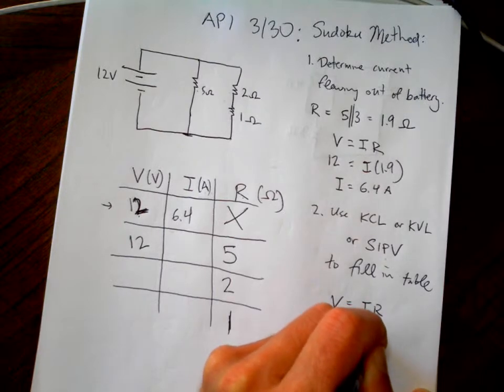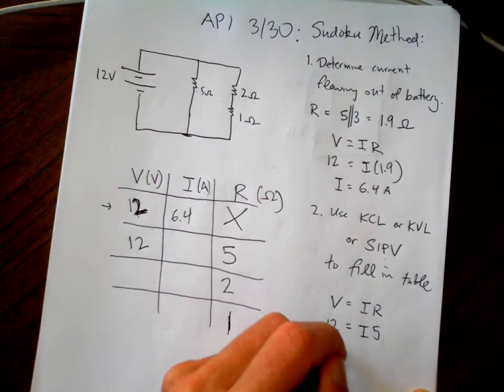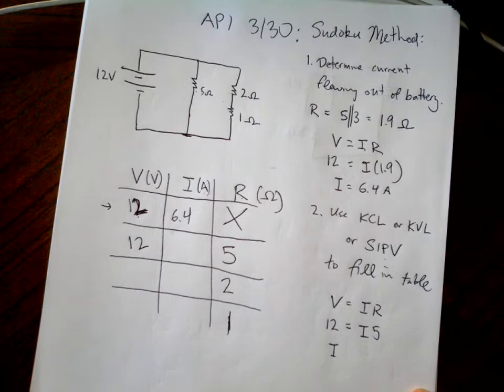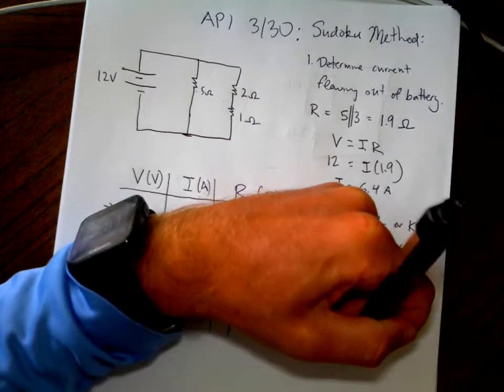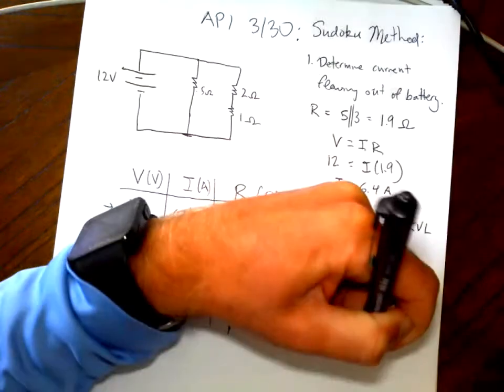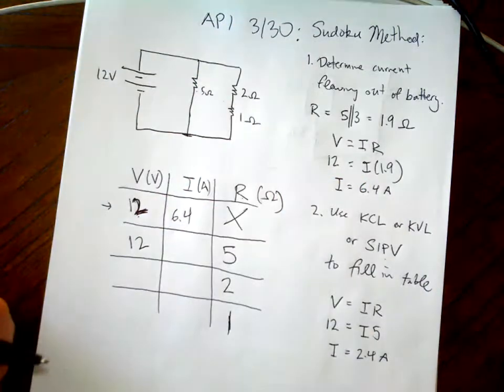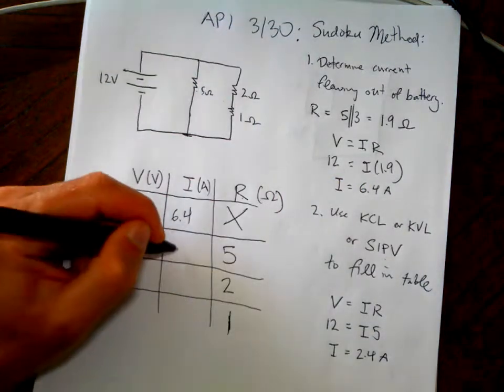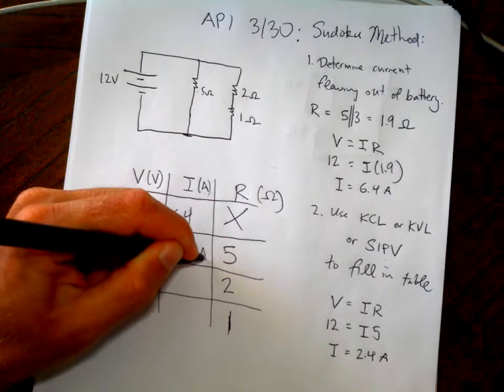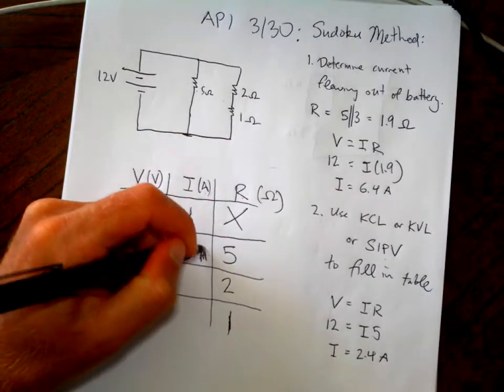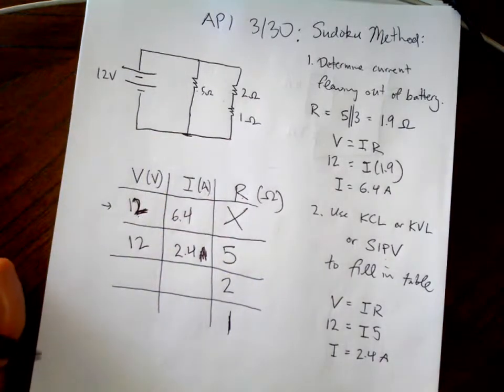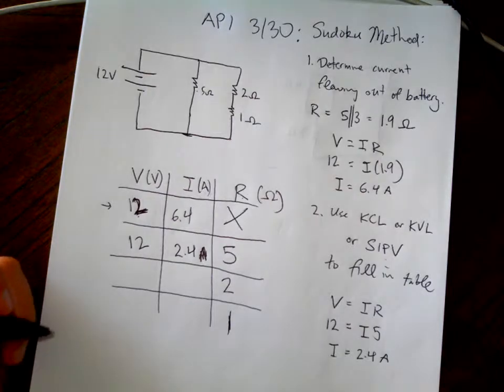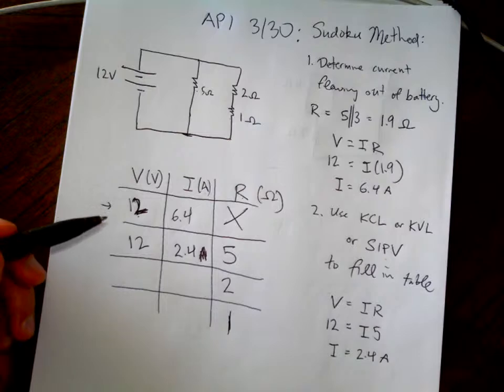So I get the current is 12 over 5, which would be 2.4 amps. So I'll put in 2.4 here. I don't need to put amps because I already put it up there. All right, so there we go.